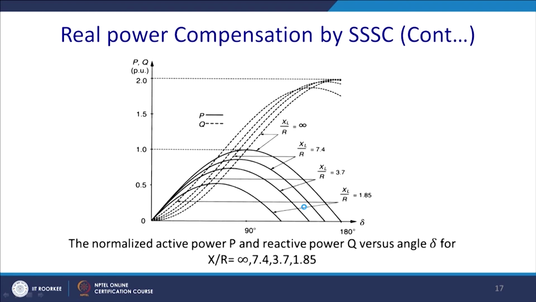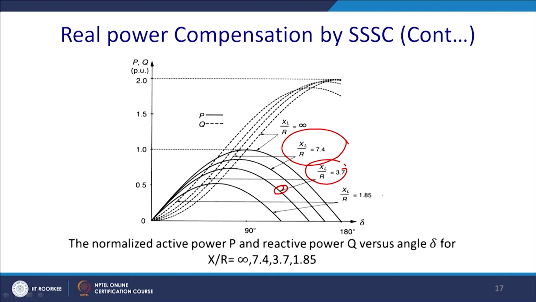You can see that the line changes. So, this is the uncompensated line where the XL by R ratio is around 7.4. But when this ratio changes in a compensated line, then this is the case for the line having XL by R ratio equal to 3.7.